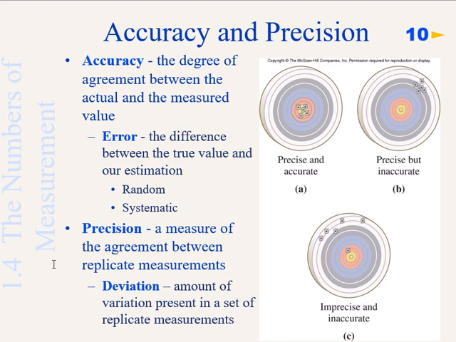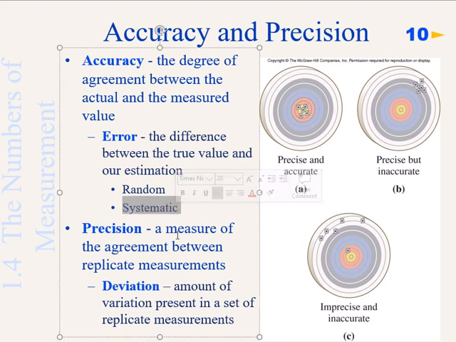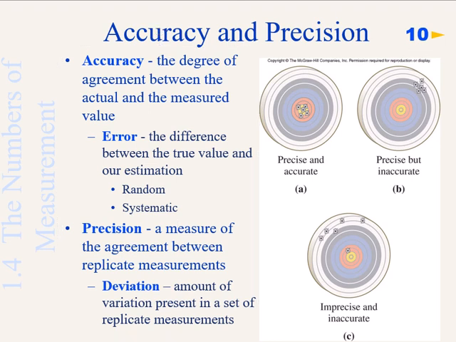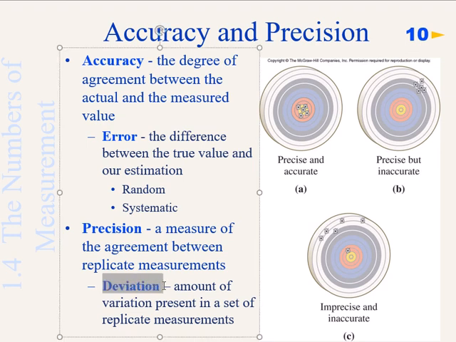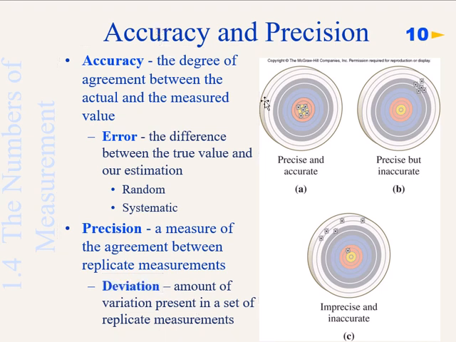There is some error, and that error is most likely systematic error, either human error or instrumental error, that's causing you to not be accurate but be very precise. We measure our precision by calculating something known as deviation, which is the amount of variation present in a set of replicate measurements.